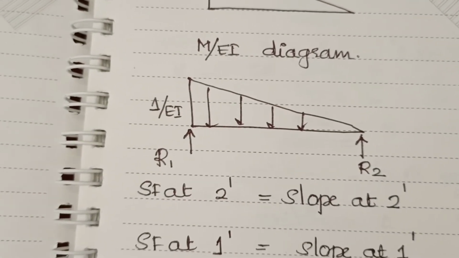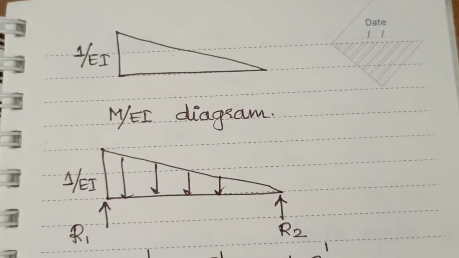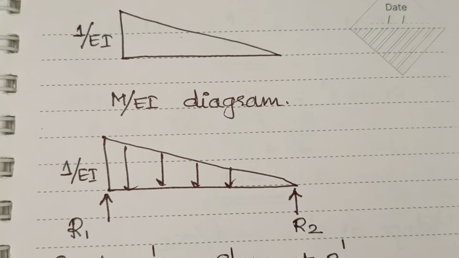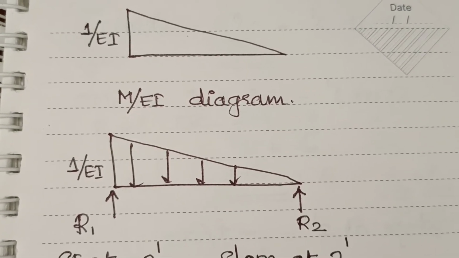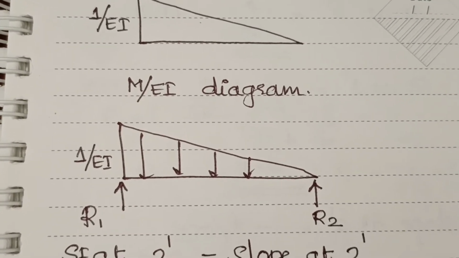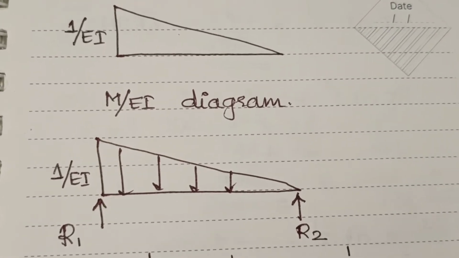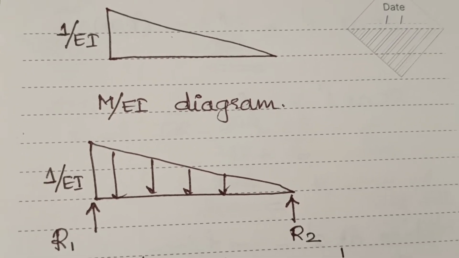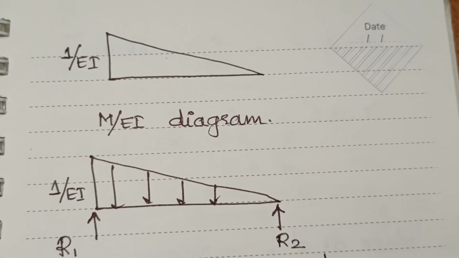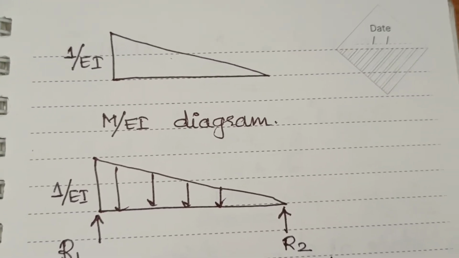Since the reaction at first point is 1 by L, which is acting upwards, as the sign convention, the moment occurring at the real beam will be sagging.